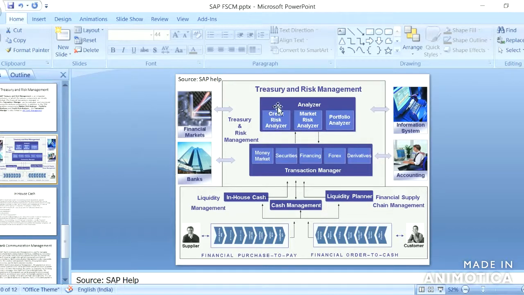And here are the credit risk analyzer, market risk analyzer, portfolio analyzer. So these are all related to financial markets. And these are all linked to cash management, in-house cash management, liquidity planner.